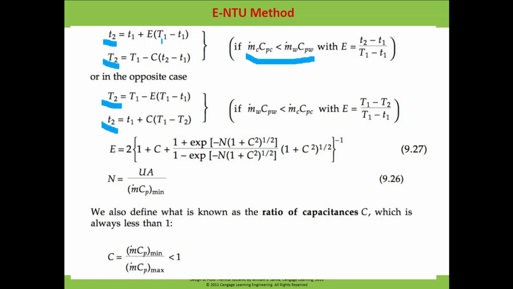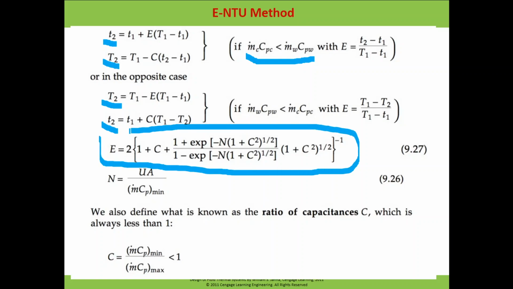But in any set, what we need to know is E and C. The value of E can be calculated by this expression, and it's a long expression that comes out of the derivation, so we are not showing that here. And C is this capacitance ratio, that is, the minimum capacitance over the maximum capacitance.